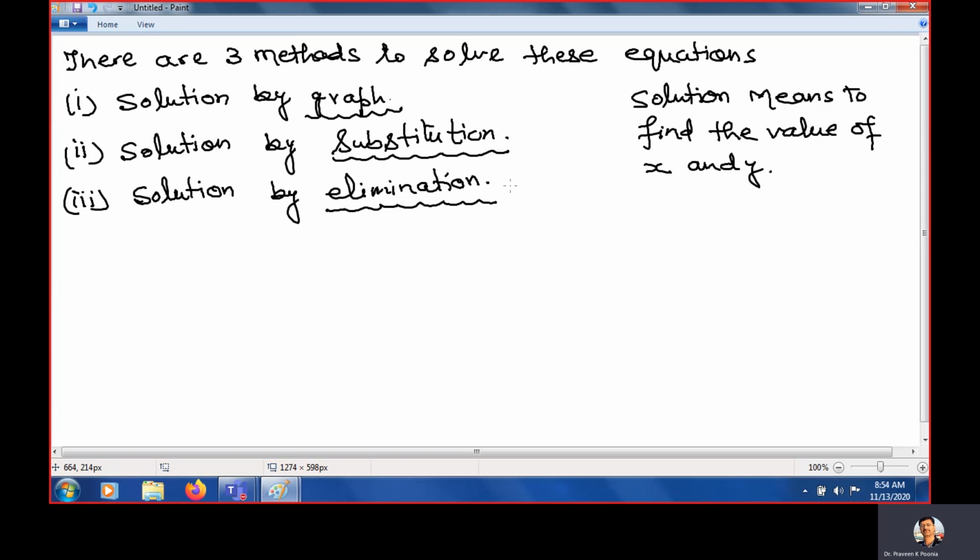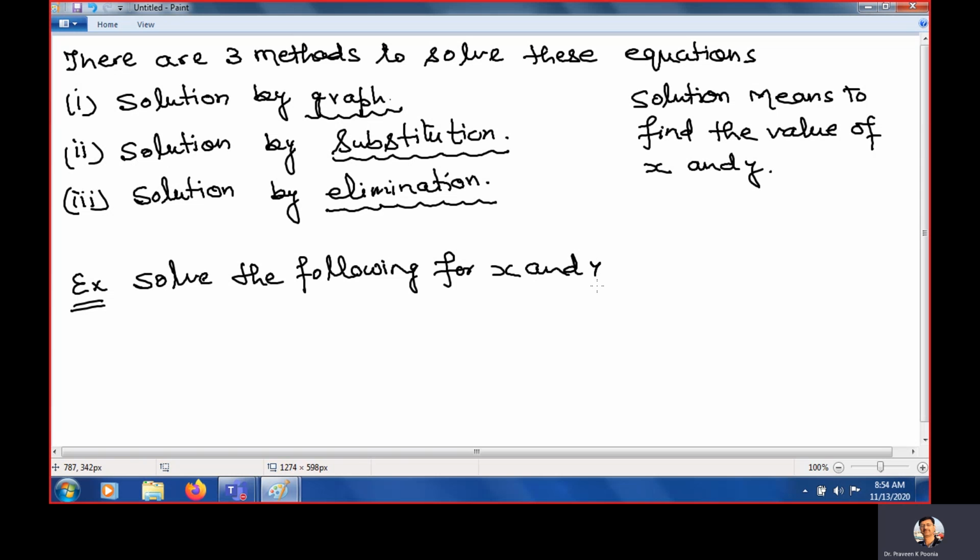Clear? Look how we ask the question in the exam. Solve the following for x and y. It means you need to find the value of x and y. Like I gave the equation 2x minus 5y is equal to minus 2, and 3x plus 4y is equal to 6. There is nothing mentioned about the method.